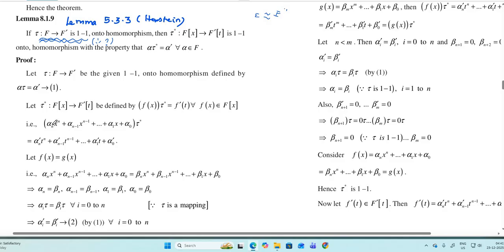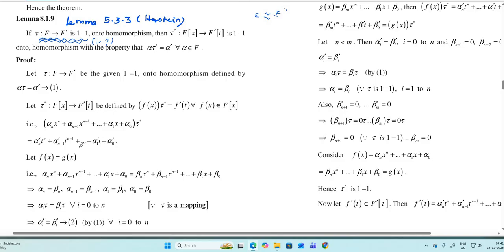That is the meaning, and the scalars in F are mapped to the scalars in F prime under this mapping. Under this rule rather, because we have only defined it as a rule.